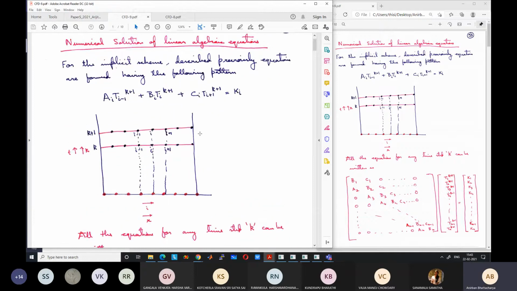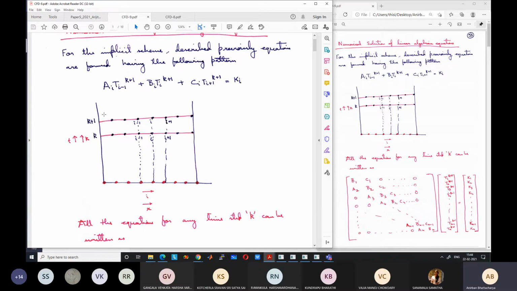Up to this point, is it clear, or does anyone have any doubt why there are n unknowns and n equations? Okay. So these n unknowns are the temperature values at the k plus 1 time step. We want to solve them to find the values.